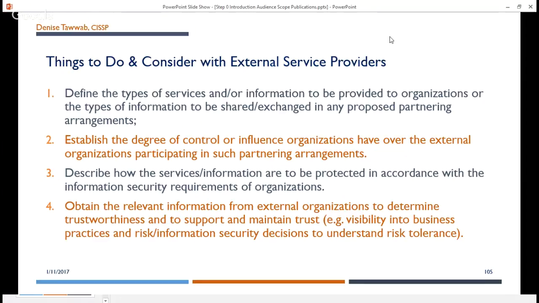Three, describe how the services and information are to be protected in accordance with the information security requirements of the organizations. Four, obtain the relevant information from external organizations to determine trustworthiness and to support and maintain trust. For example, visibility into business practices and risk information security decisions to understand their risk tolerance.